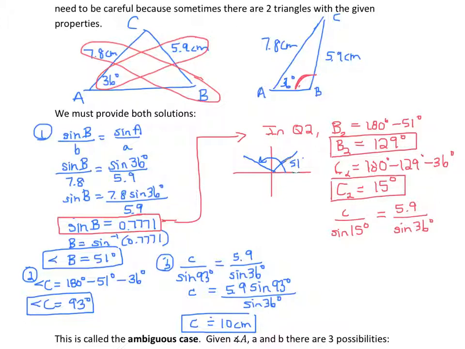So the process stays the same, but of course all these values change because we found a different value for angle B. So multiply both sides by sine 15 in this case. Okay, and so in this triangle, side C would be 2.6 centimeters.